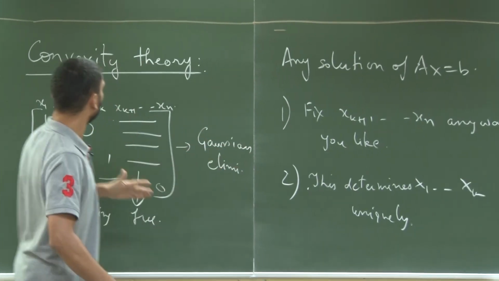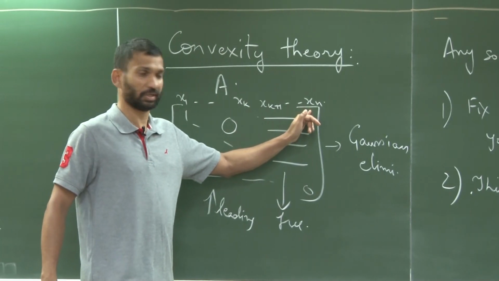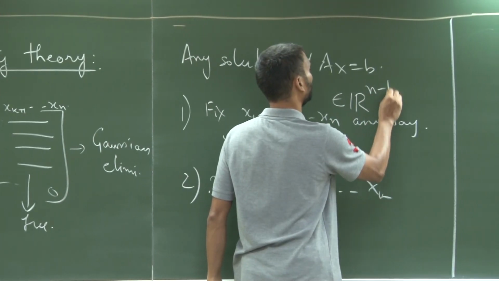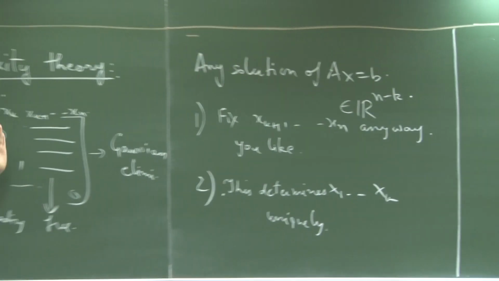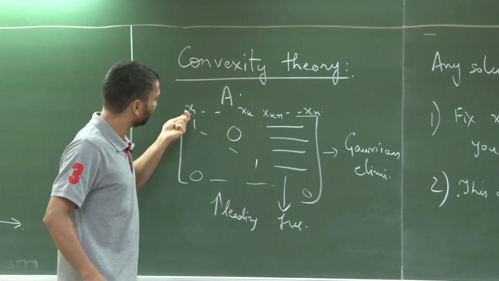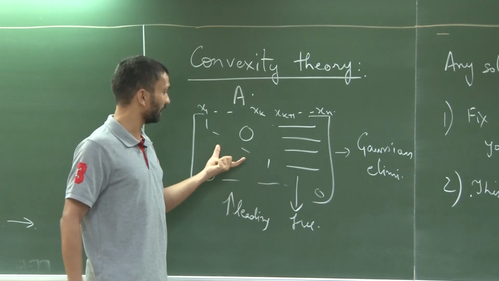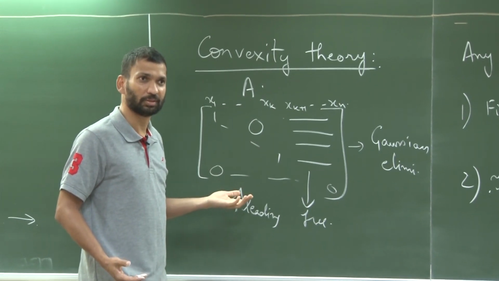This means there is no restriction on xk plus 1 to xn. This is anything in R to the n minus k. I can fix these values as whatever I like, and then by arranging x1 to xk in a certain way determined by these coefficients, I am sure to get a solution of Ax equal to b.